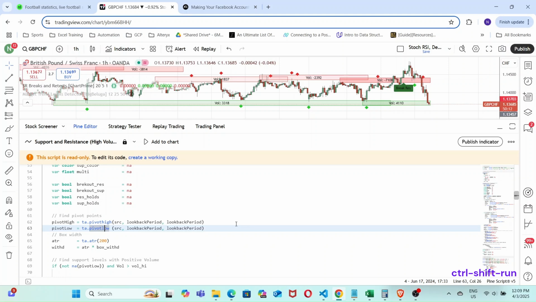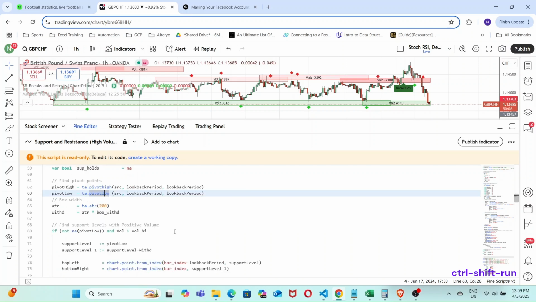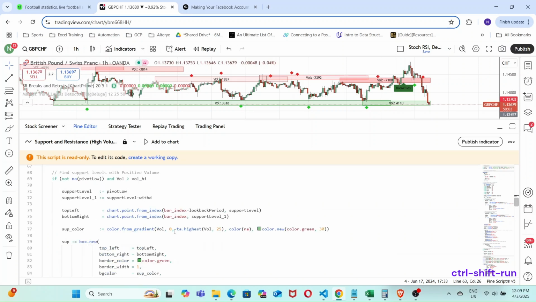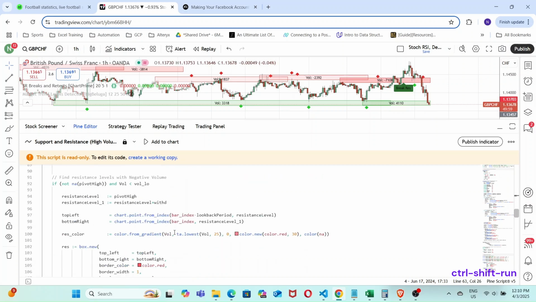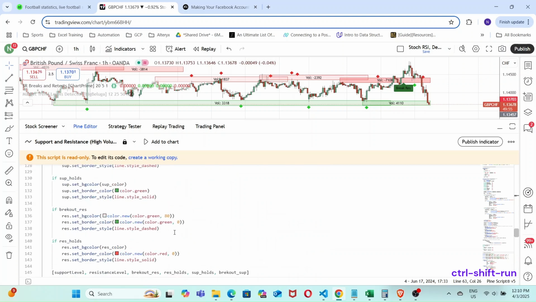Next comes the box creation for support and resistance levels. For support levels box creation, if a pivot low is detected and the delta volume is greater than vol_high, a support level is identified at the pivot low price. This is the support_level variable.